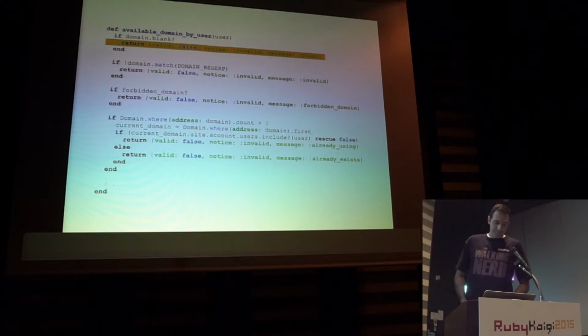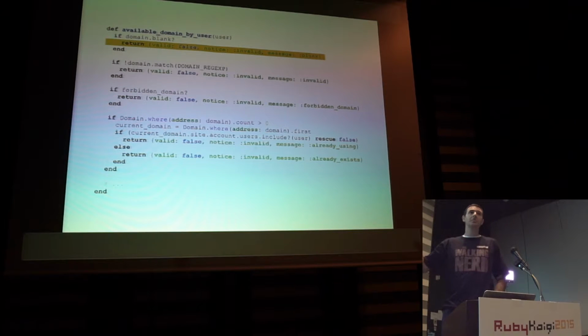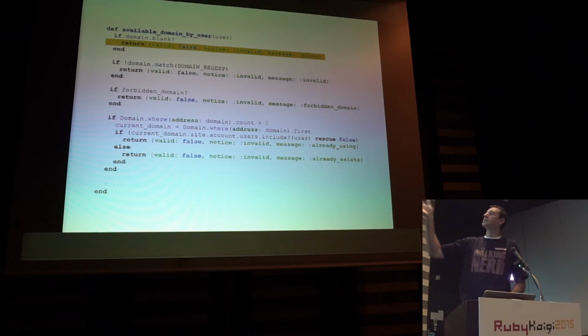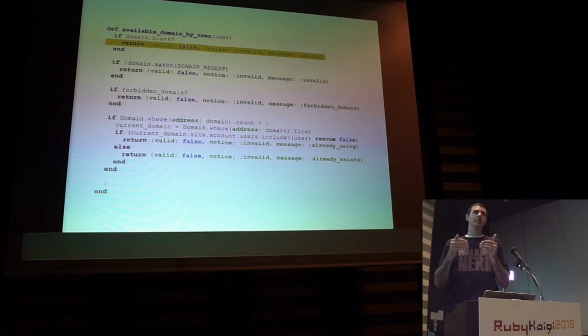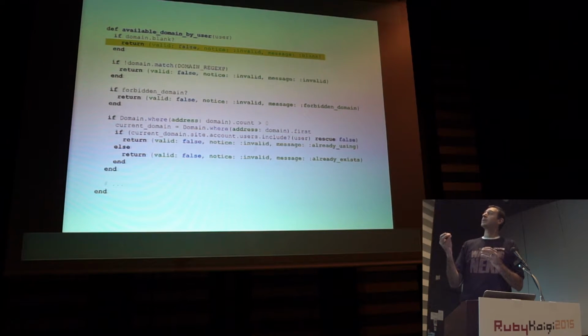A big problem here is that the return value is a hash. But this hash is used directly by the view that uses this class. So this class is a business logic class, but it is coupled directly to the view because its return value is a dependency of the view.